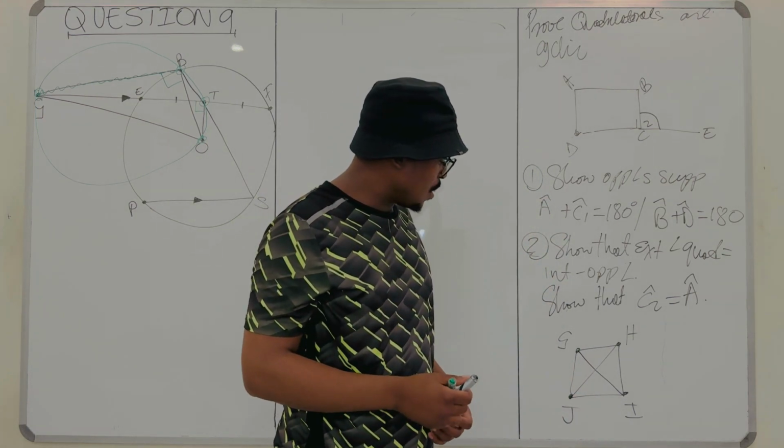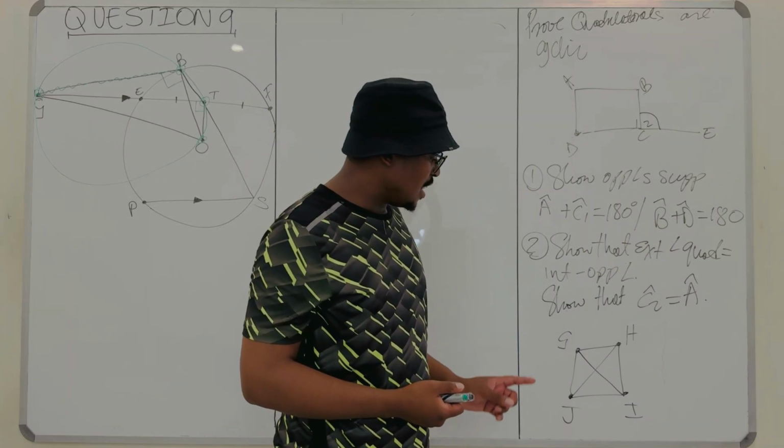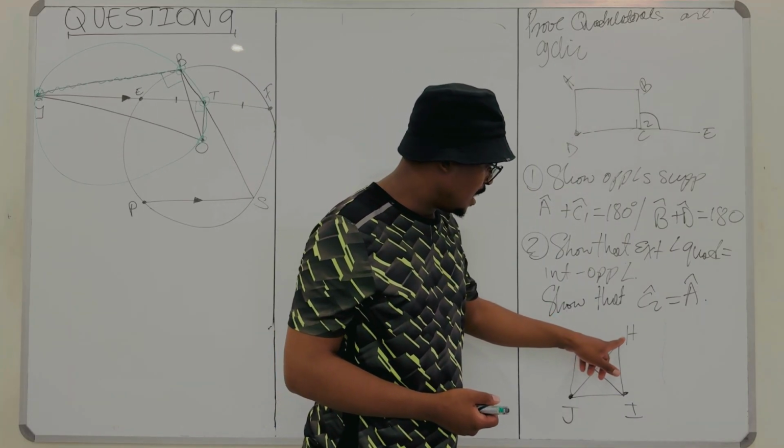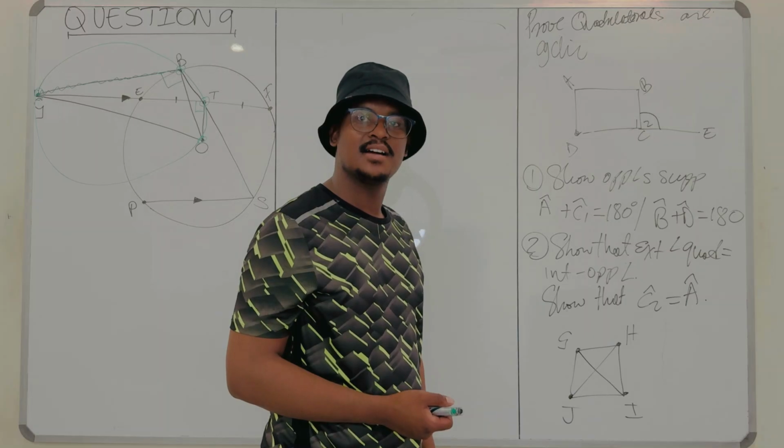Alright? And I want to prove that quadrilateral G, H, I, J is cyclic.